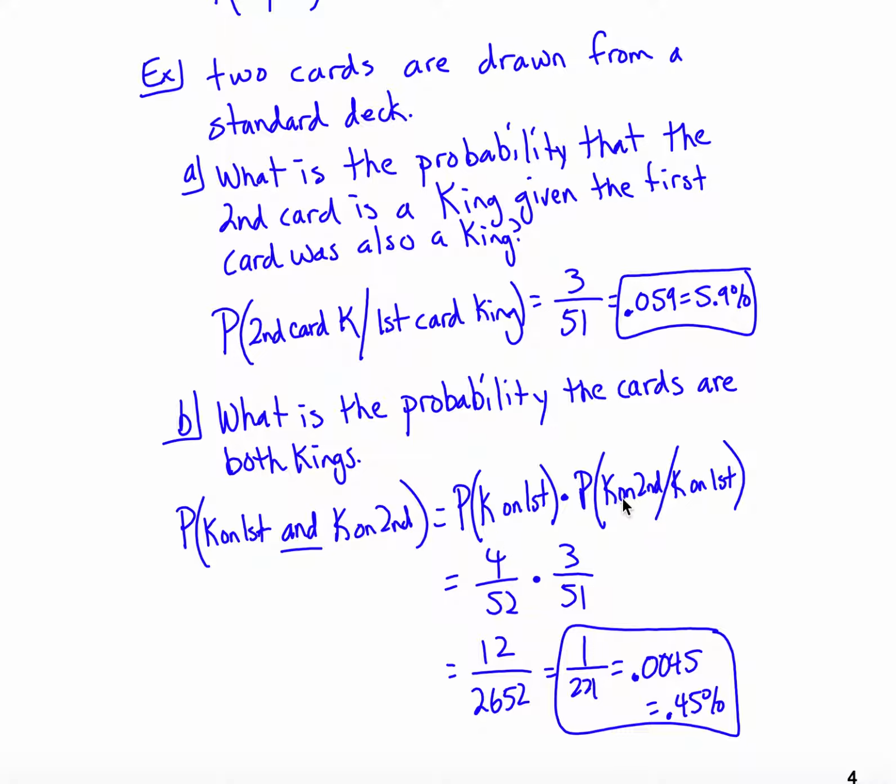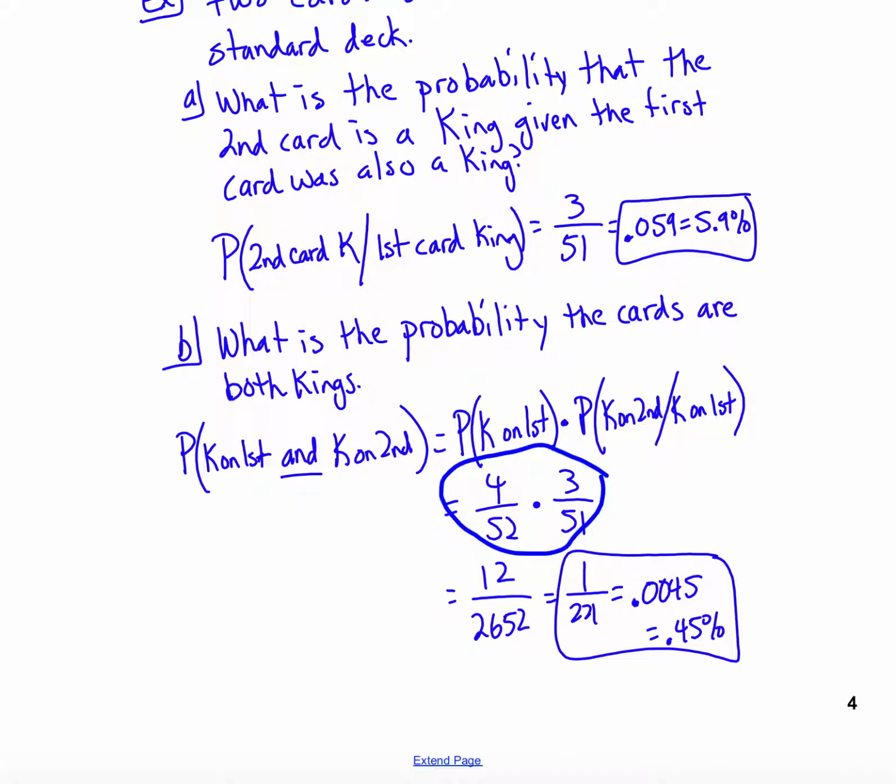The probability the second card is a king, given the first card was a king, is now 3 out of 51. So you get 12 out of 2,652, or you can leave them as the two fractions that just multiply together, and write them that way. You can write them as a multiplication, you can reduce them, you can write them as a decimal or percent.